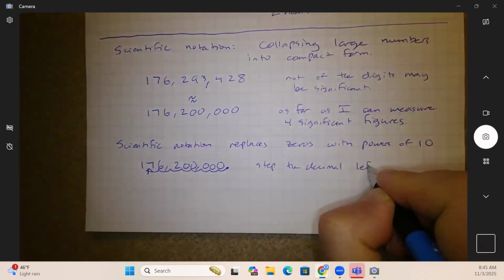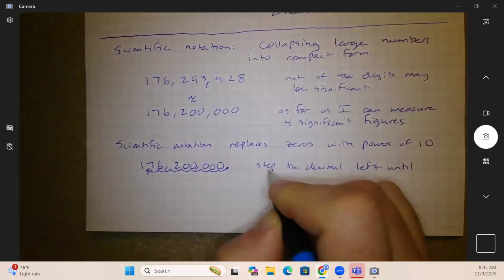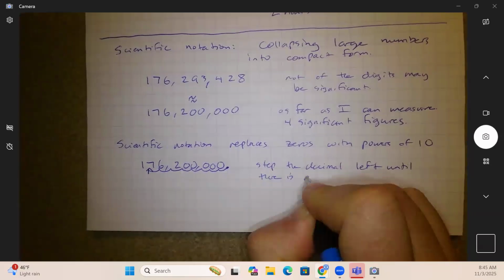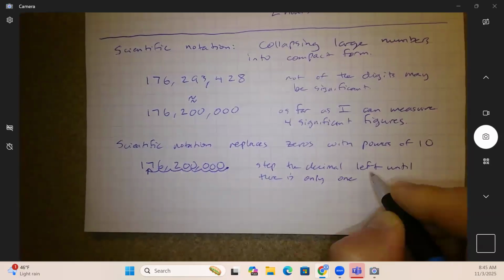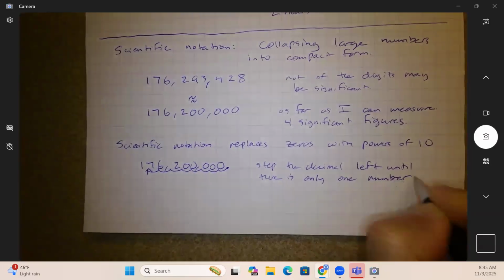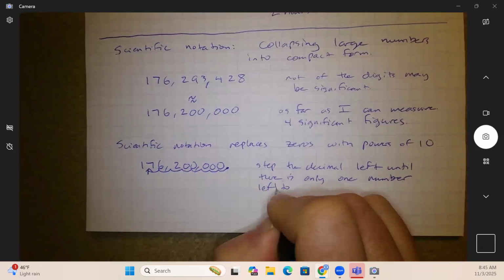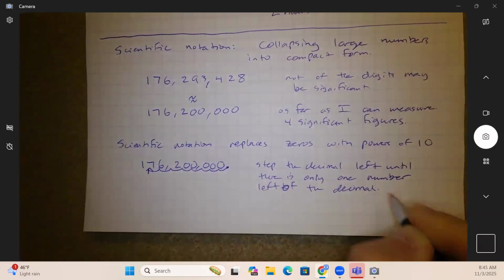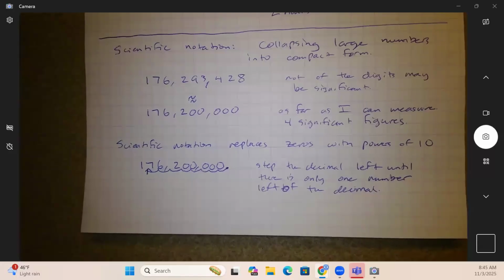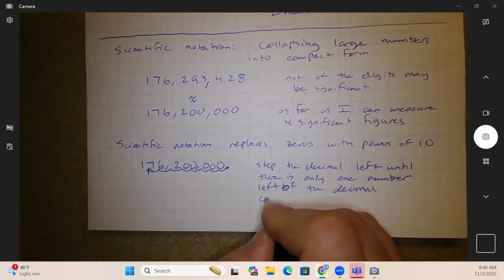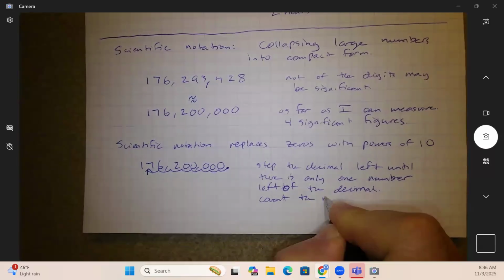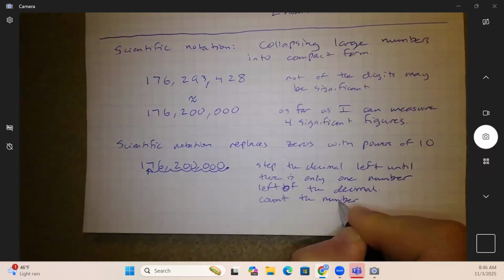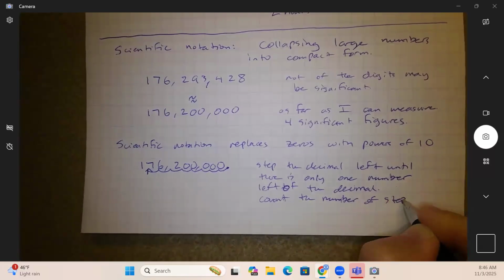Step the decimal left until there is only one number left of the decimal, and then count the number of steps.